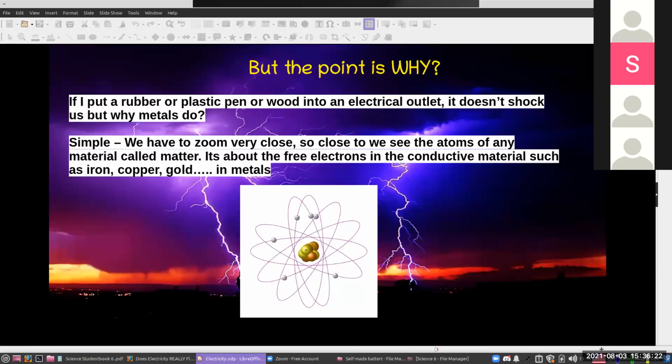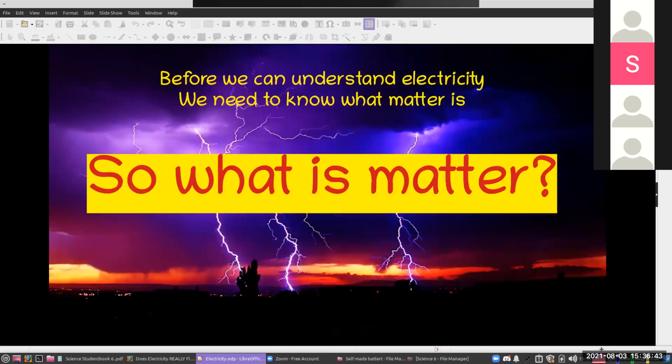But we have conductors. Conductors are metals, for example iron, copper, aluminium, gold, where electrons can flow through the materials, because these materials already have electrons.